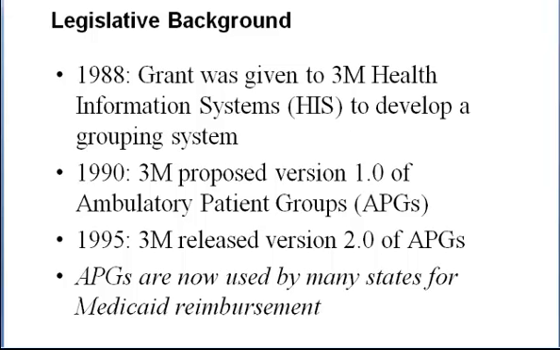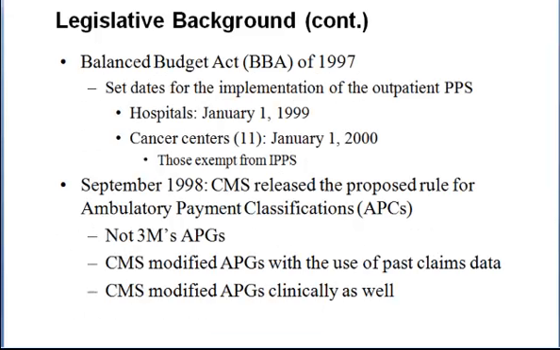In 1995, 3M released an updated version, which was APG version 2.0. So APGs are still used in many states for Medicaid reimbursement only. In 1997, the Balanced Budget Act set new dates for Medicare to move to a prospective payment system.